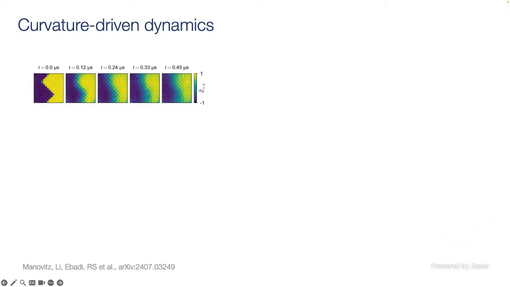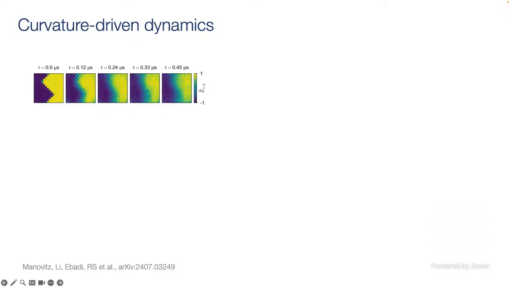Okay. So to test this physics, we again looked at a seeded domain where we initialize the system in the zigzag pattern. Okay. The reason we chose this pattern, and we predicted this theoretically, is that there are regions of high curvature at these corners, whereas in between them, there's a flat region with very little curvature.